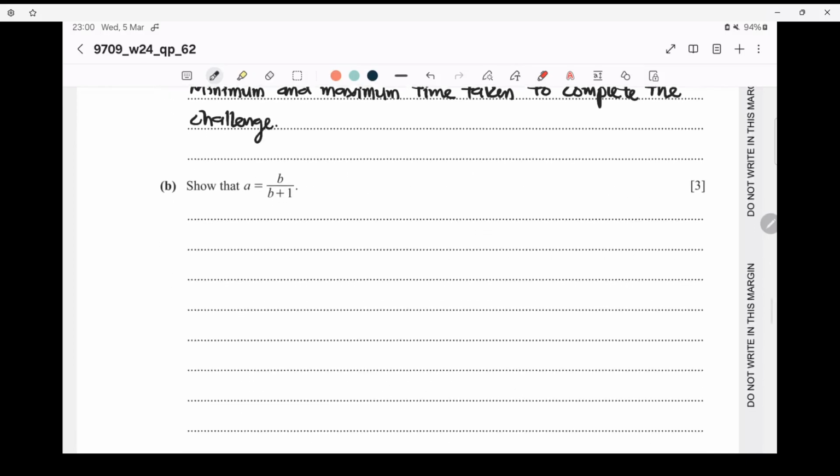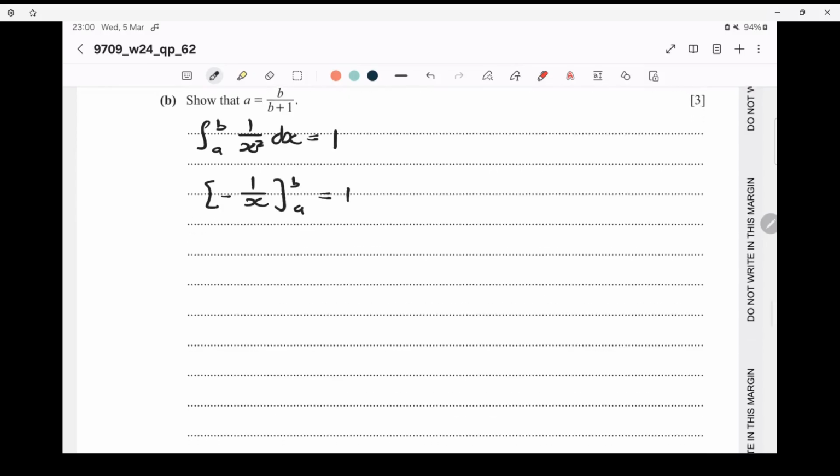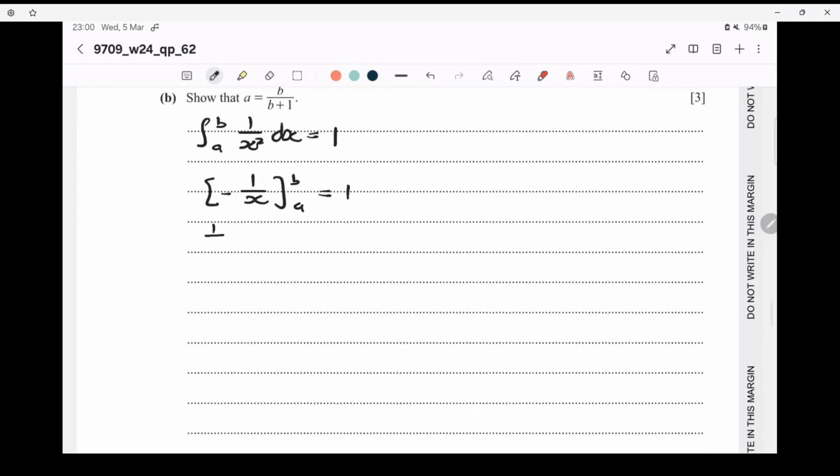So what you need to do is to show that integrating from A to B, 1 over x squared is equal to 1. The above integration will become minus 1 over x from A to B, and you have 1 over A minus 1 over B equals 1.